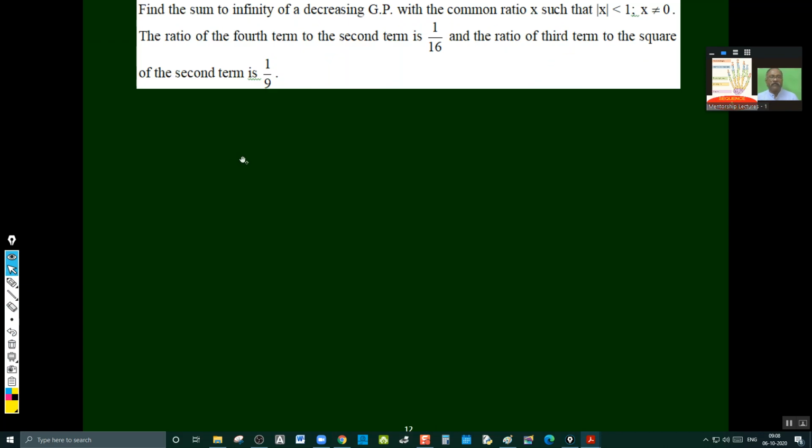Find the sum to infinity of a decreasing GP with common ratio r such that mod r is less than 1.